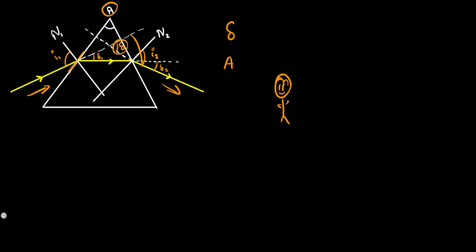That is what small delta here means. Now there's delta 1, which is the deviation of this ray. This ray should be going like this, but then there was a deviation.